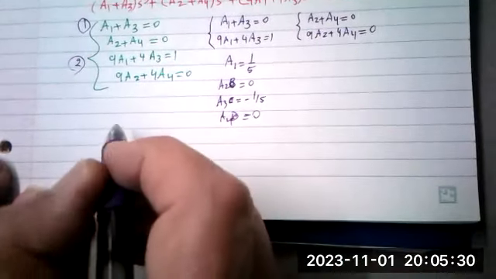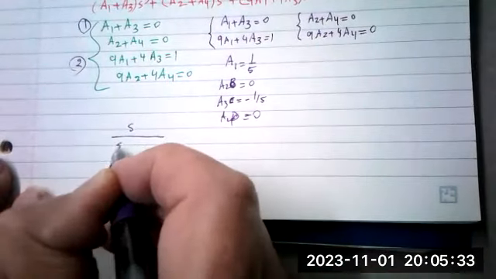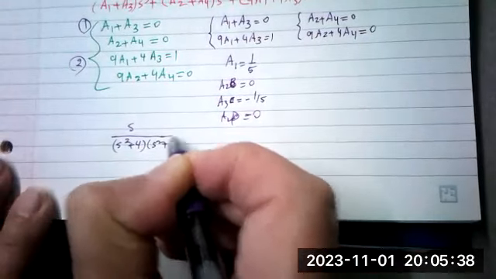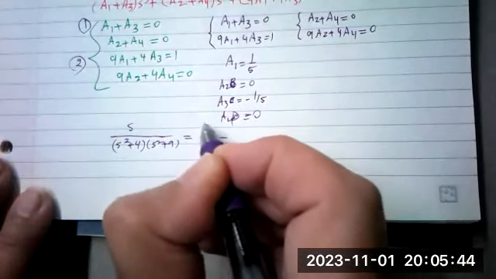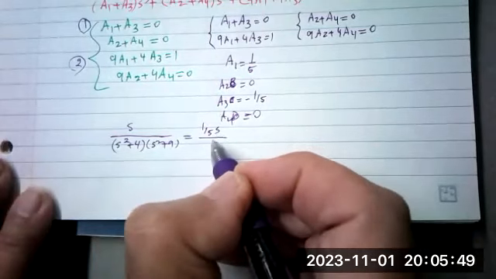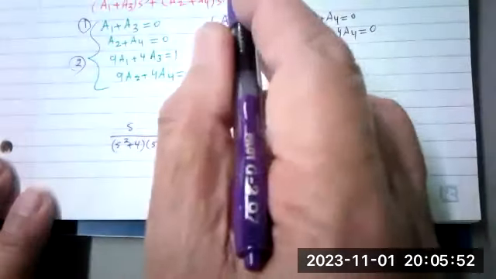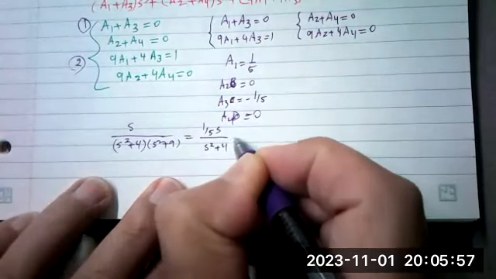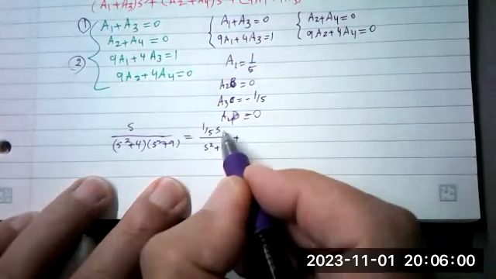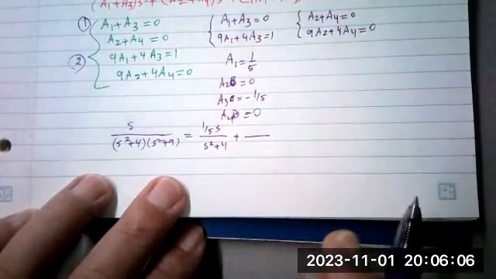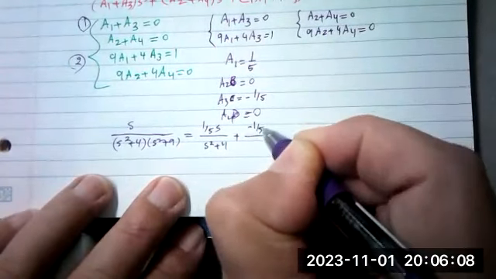If you write it down, s over s squared plus 4 times s squared plus 9 is going to be equal to A1 s, and A1 is 1/5, so 1/5 of s over s squared plus 4, plus A2 s, but A2 is 0, then plus the other part, A3, which is negative 1/5, and A4 is 0.